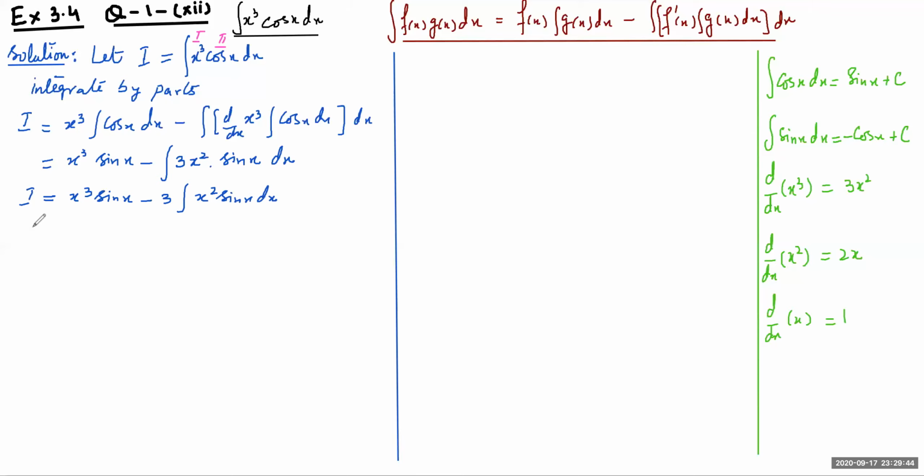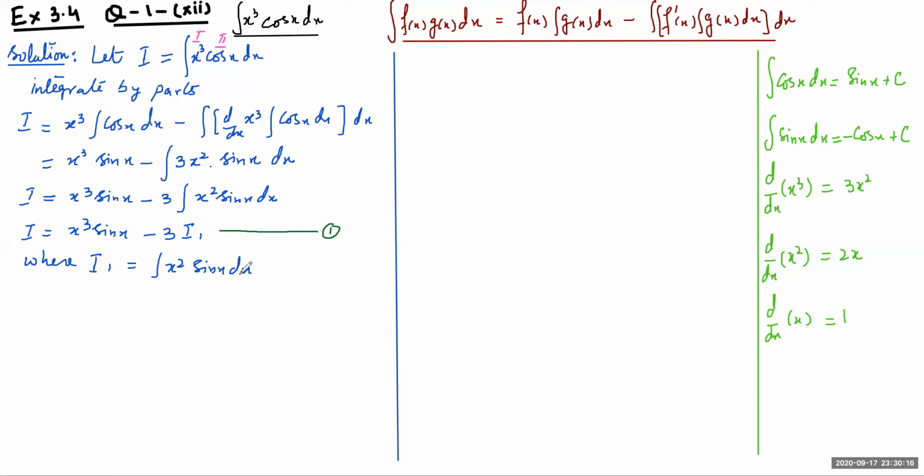Now just see, I'm going to write it like this: x cube sin x minus 3 into I1, where this I1 is equal to integral x square sin x dx, and we name this result as result number 1 for further reference. Okay, now let's get to our integral.